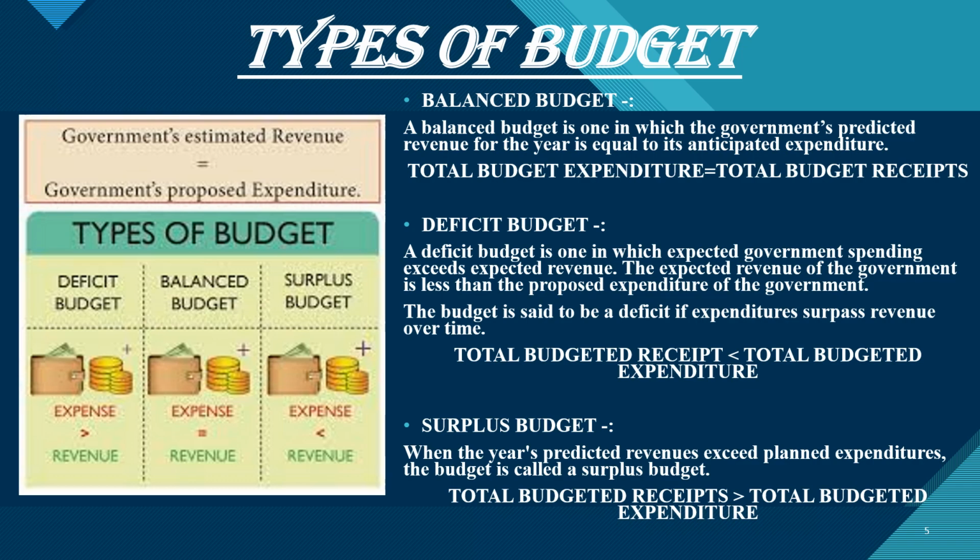For example, if the budget expenditure is rupees 2 lakh crores and the budget receipts are rupees 1 lakh crores, then it is called a deficit budget, meaning the government is in a deficit. The shortfall is usually compensated by borrowing from the public or taking out funds from the reserve surplus, and in certain ways a deficit budget is a government's liability.